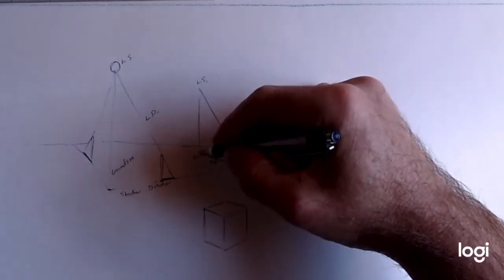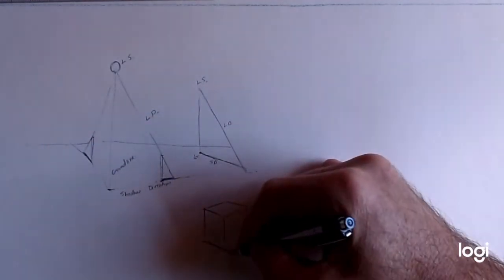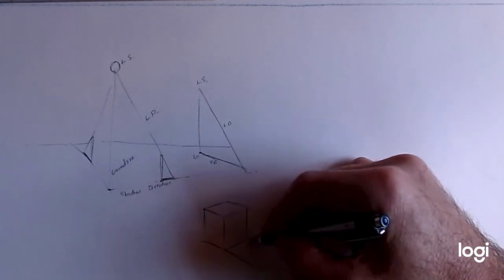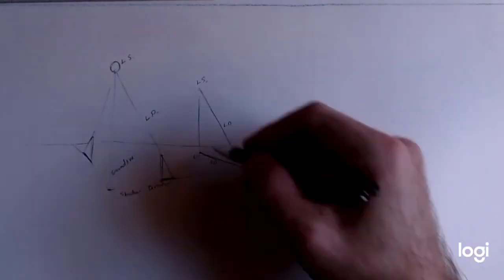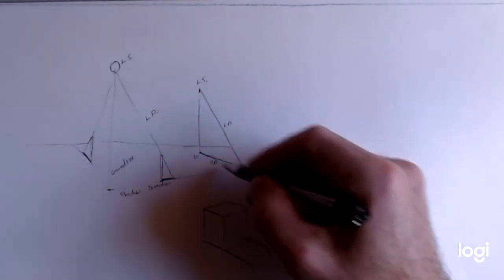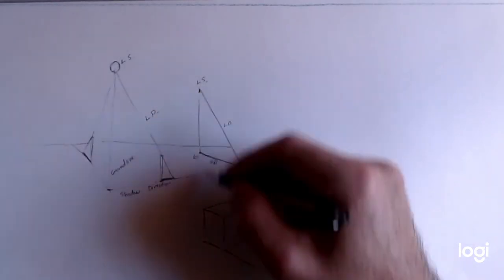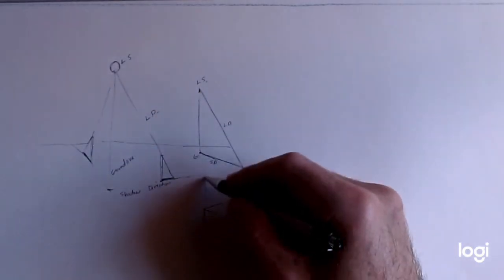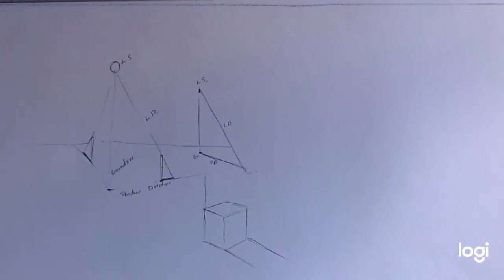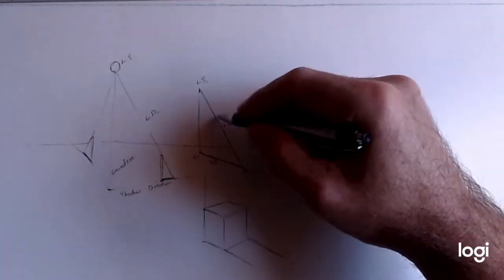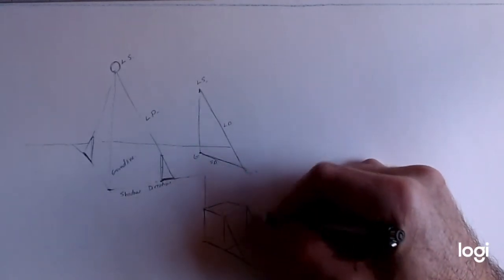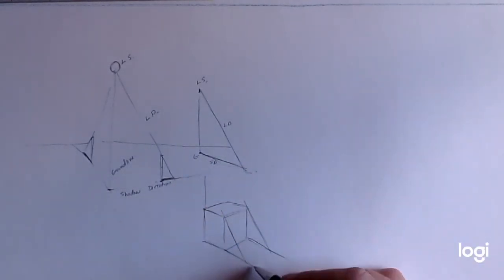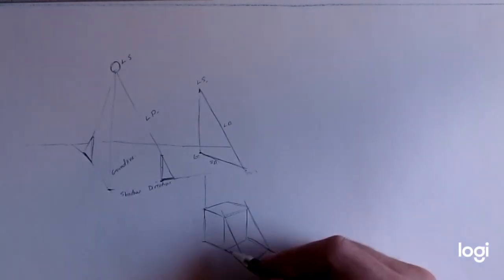I'm going to start out with my ground direction. So there's the ground direction. I'm taking it from there. Okay? We're saying in this schema, my light source is directly overhead. And the light direction is coming down at about that kind of an angle. And that becomes my cast shadow.